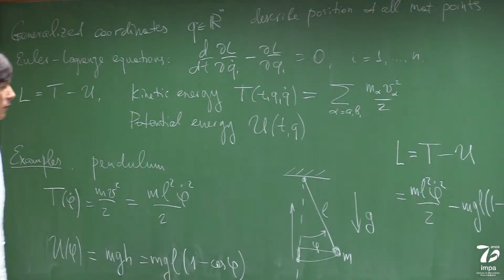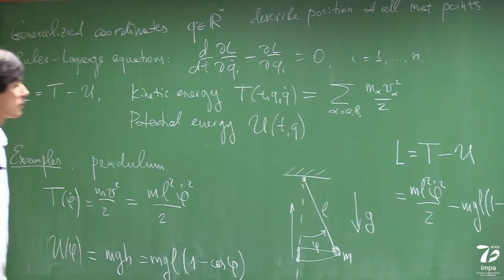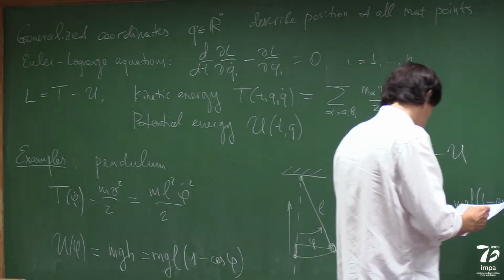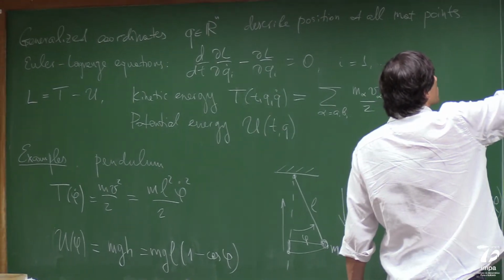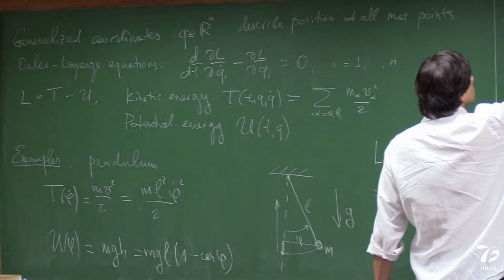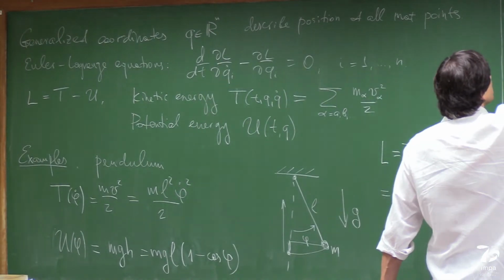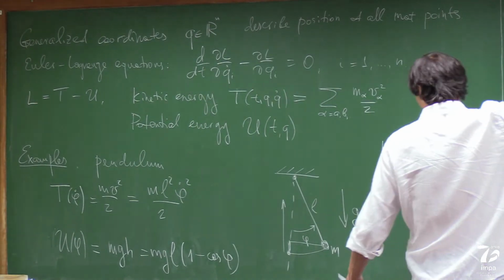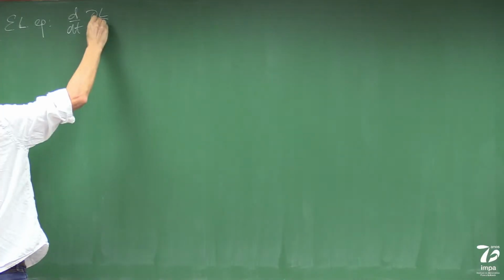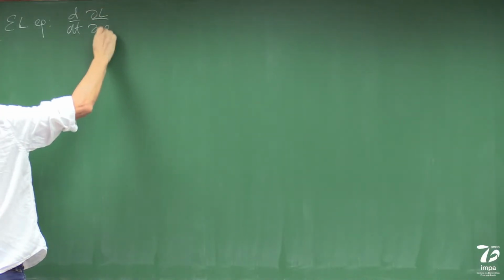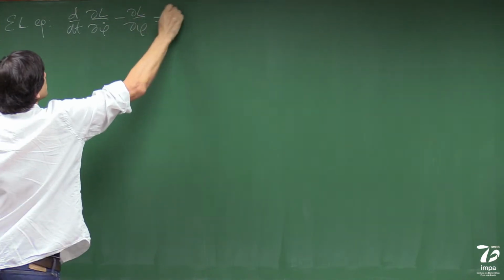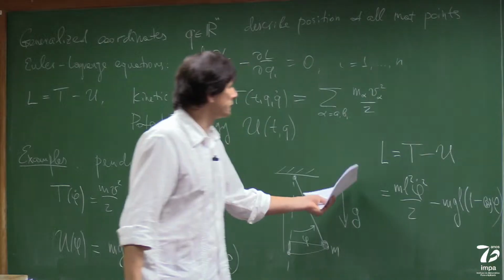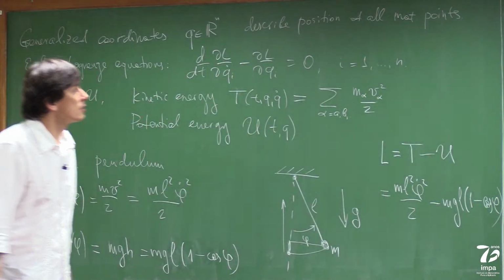So we have the equation for the Lagrangian, and the last step is the Euler-Lagrange equation. It's d/dt of dL/d psi dot, minus dL/d psi, equals 0, since our generalized coordinate is psi. So this is the equation, and now you just put inside the Lagrangian function.